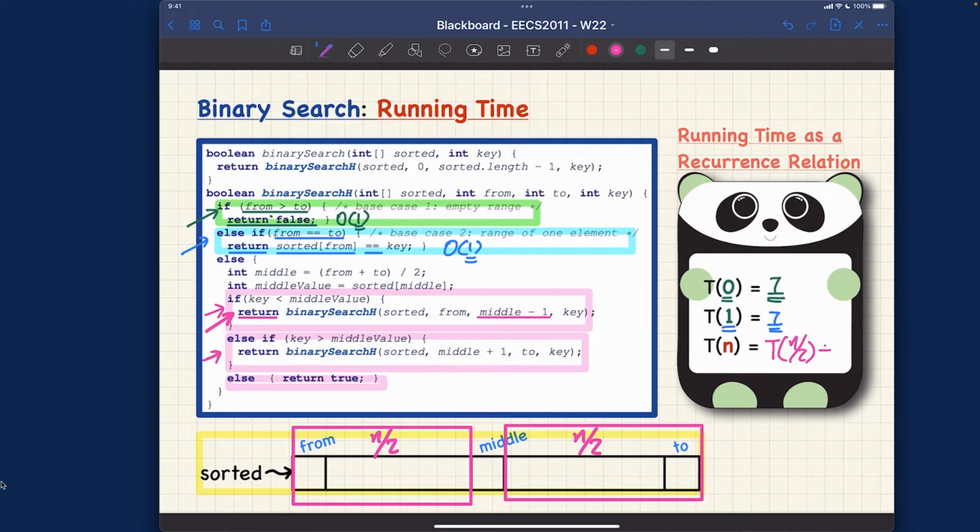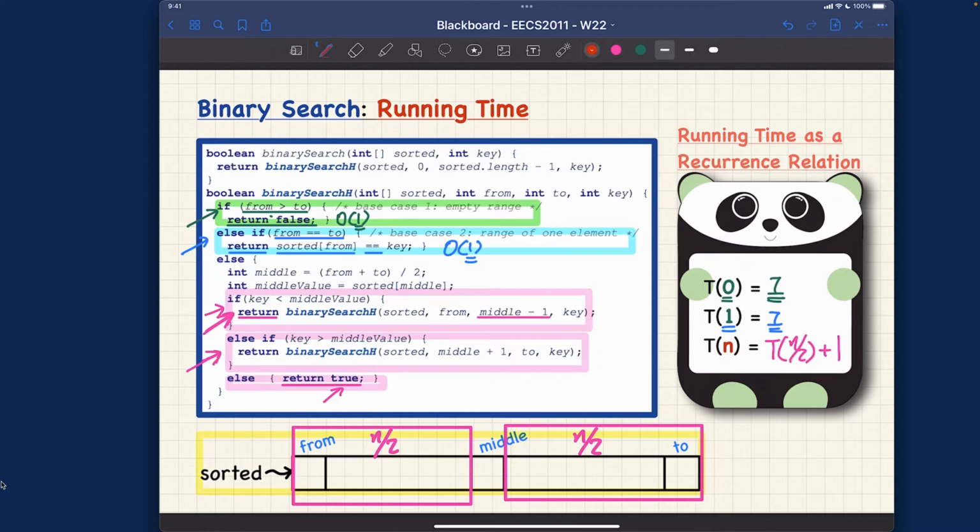So I'm going to say plus 1 over here. Of course, going either this way or this way is going to take more work than just constant. So that's why this case is going to be dominated by either this recursive call or this recursive call. That's why we say this. Just make sure you understand how each case is analyzed and formulated over here.